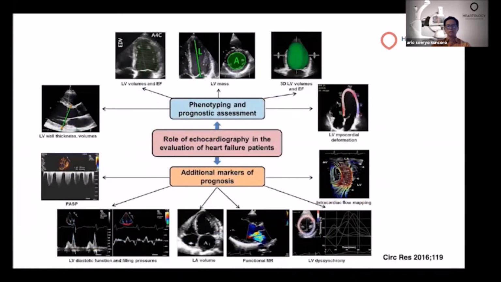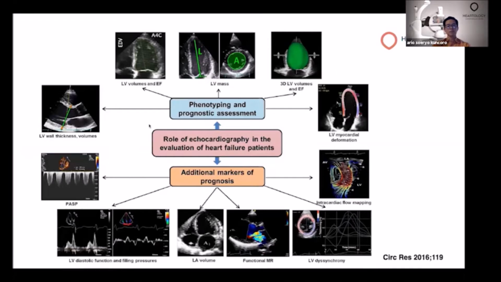So this is the last part of my presentation. We can see that the role of echo in the evaluation of heart failure patients is for defining whether the patient is in the class of heart failure with reduced ejection fraction, heart failure with preserved ejection fraction, or in between.